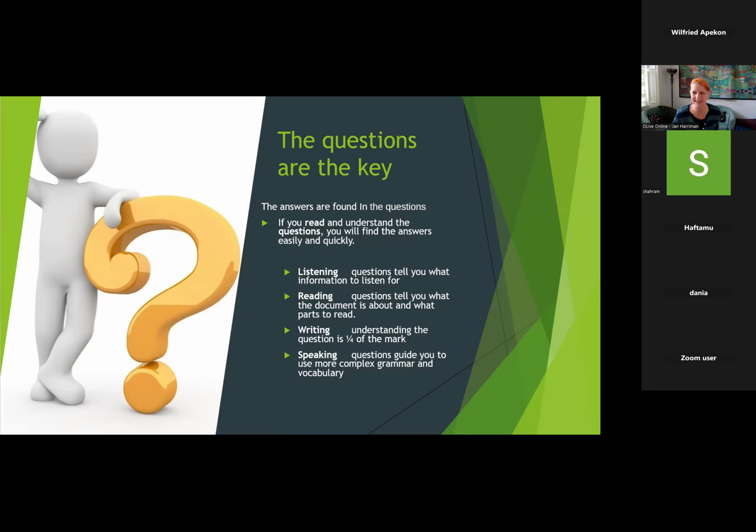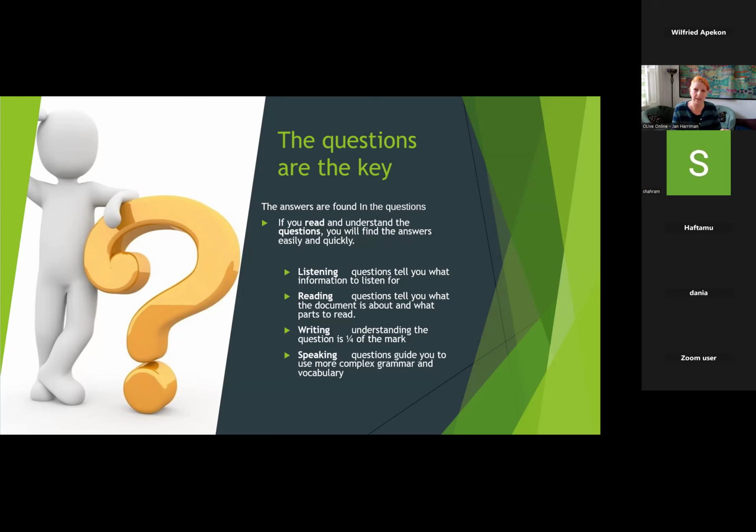It's those questions that give you the power to answer and to hear the correct answer. In the reading as well, the questions tell you what the document is about and why you are reading it. In the writing, you will be presented with a question to answer.